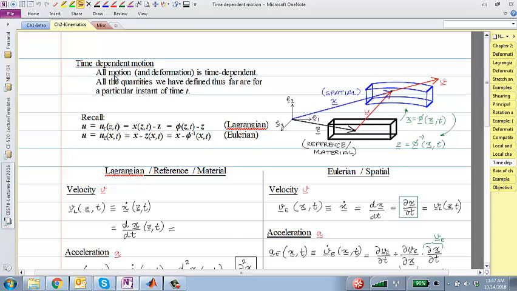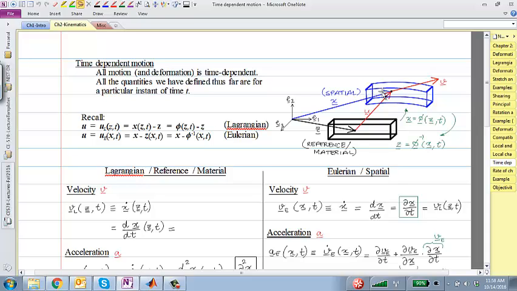So, in order to describe that, we'll try to recall what we described with the Lagrangian and the Eulerian descriptions. You remember when we were talking about that, we said that a deformation process like this black body going to this blue deformed body, can be described in two different ways, but equivalent.